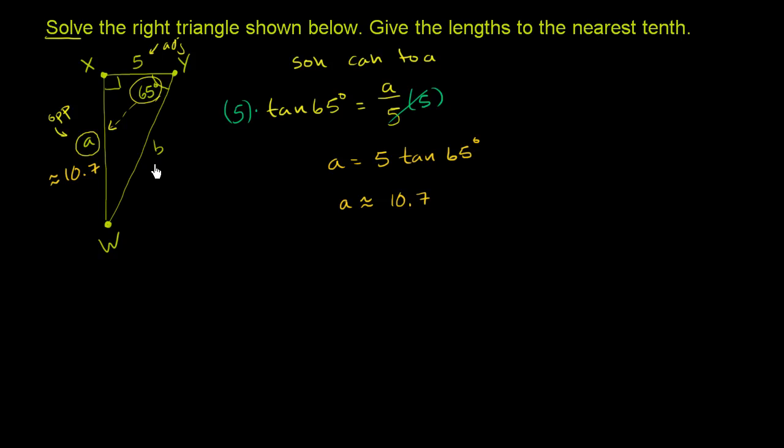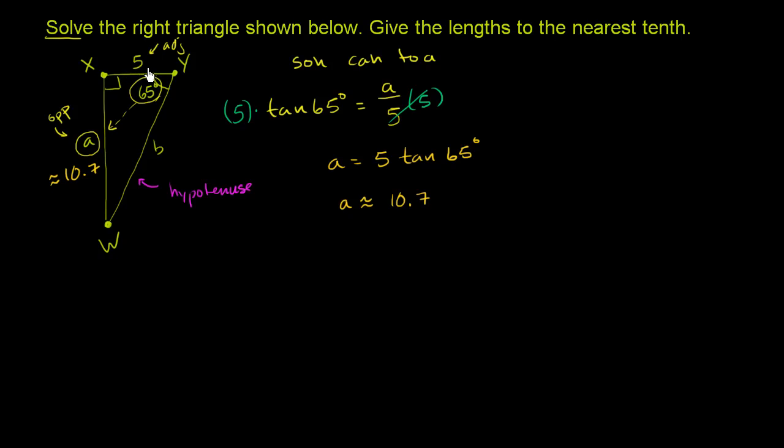I will go with using trigonometric ratios, since that's what we've been working on a good bit. So this length B is the length of the hypotenuse, side WY. We could use opposite and hypotenuse, or adjacent and hypotenuse. Since we know that XY is exactly 5, and we don't have to deal with an approximation, let's use that side.